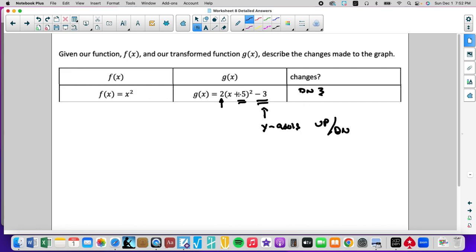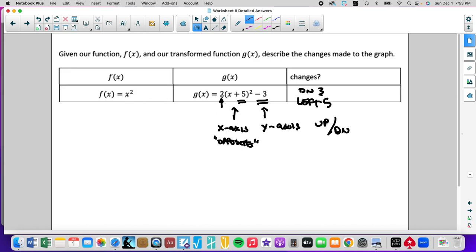And now here, it's plus 5, but we saw that it went left. So inside the parentheses is going to be on my x-axis, and it's going to be opposite of what it says. Opposite. So if it's plus 5, we know it's moving to the left 5.